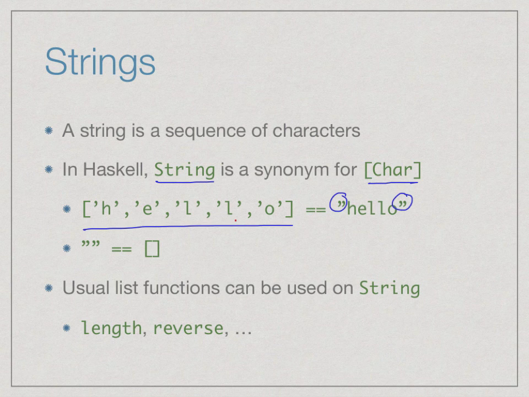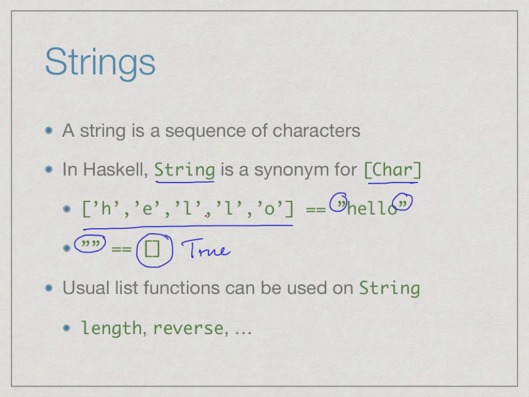So therefore, the empty string, which is just 2 consecutive double quotes, is the same as the empty list. If I say double quote double quote equal to square bracket open square bracket close, the answer will be true. Right? So this is just an alternative notation, what sometimes programming language people call syntactic sugar. Okay, so this is just a different way of writing the same thing, which is more convenient for the programmer.